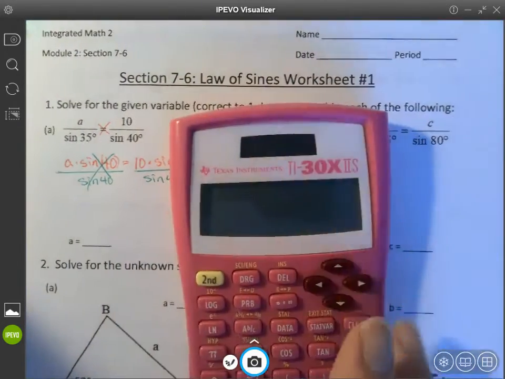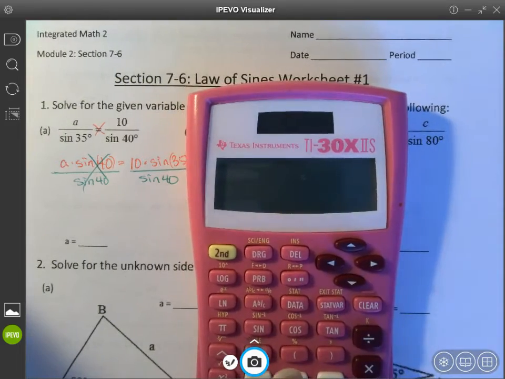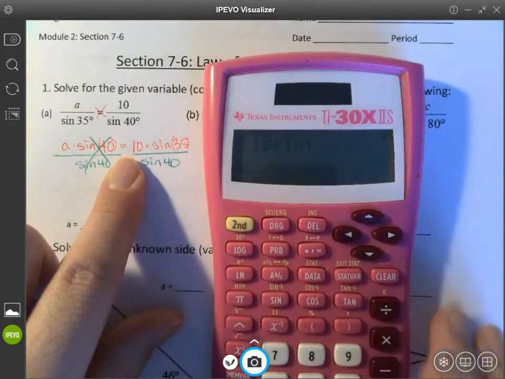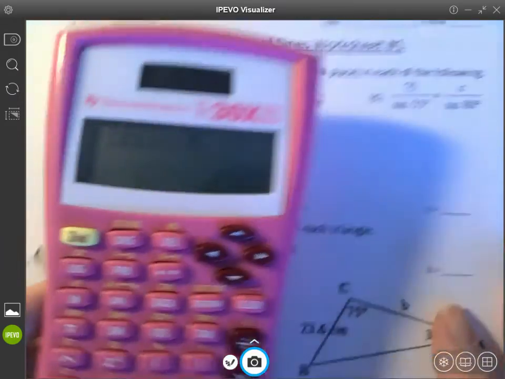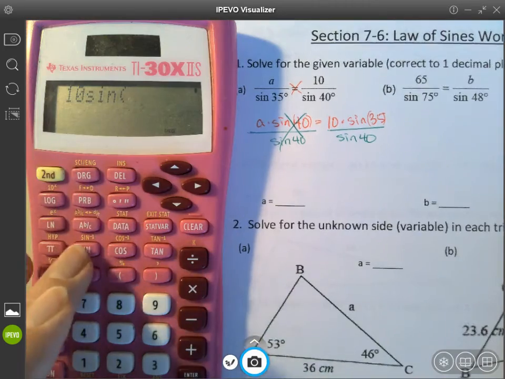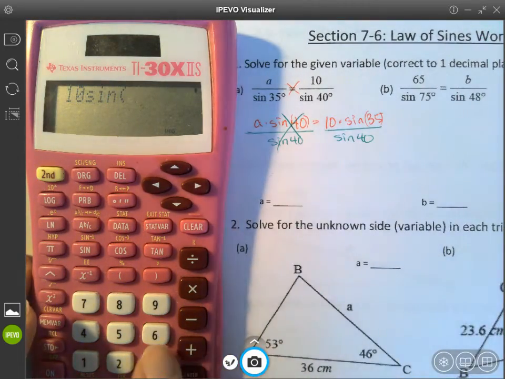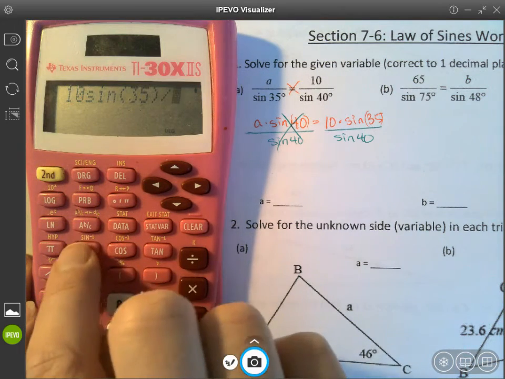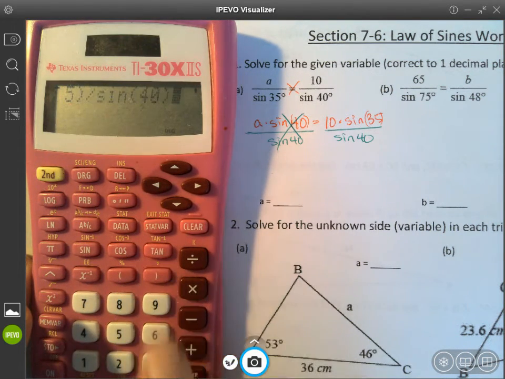So in this first part, I would type in 10, find your sine key. Some of you have the sine key. You have to hit your second probability for the trig function. I don't, so 10 times sine 35, close parentheses, divided by sine 40, close parentheses.